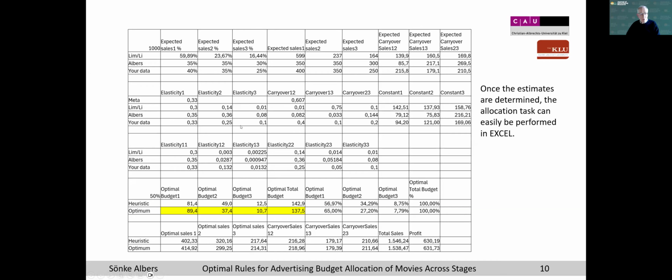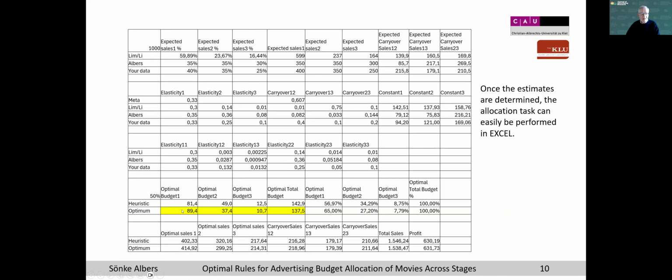You have here the input of the elasticities, here the input of the carryover effects. This constant A in one of the formulas can also be calculated very easily. And from all these elasticities and carryovers, you will get summary elasticities, 11, 12, and so on. And based on that, you can easily determine the optimal budget.